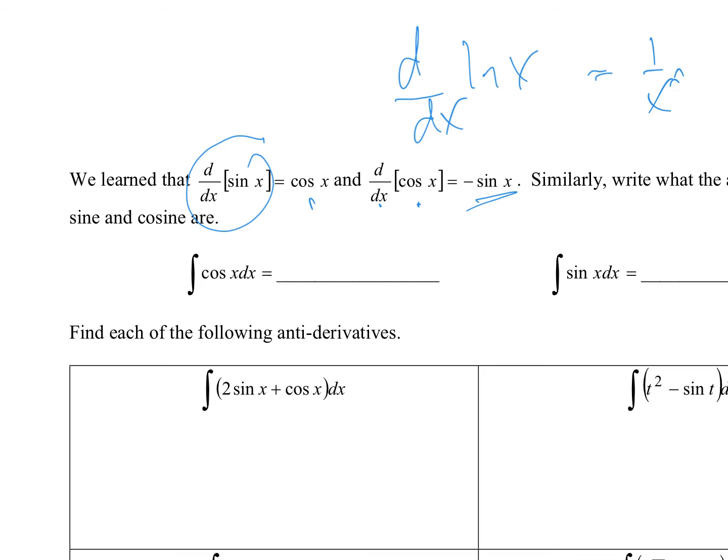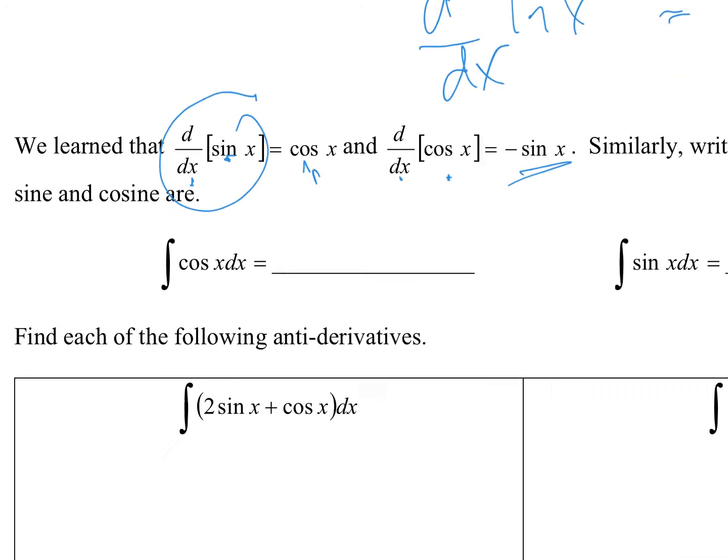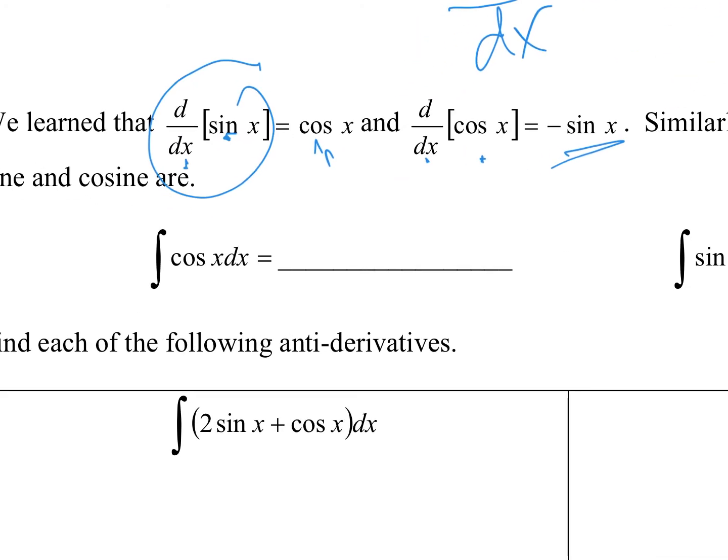So I'm telling you that the derivative of sine is cosine. So if I'm integrating cosine, what do you suppose the original function would have been? Sine. That's right. Because look what's here.